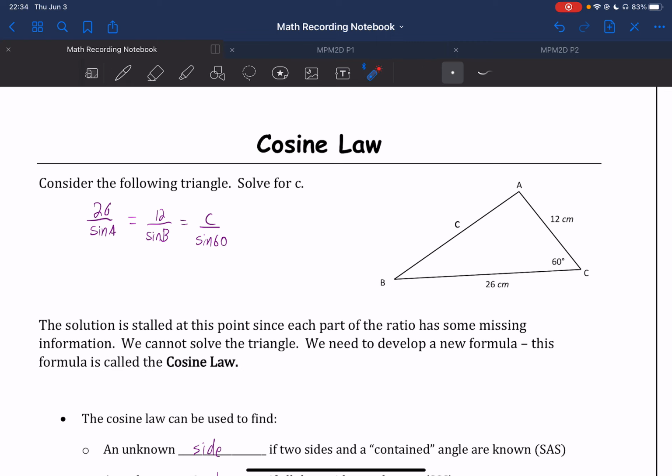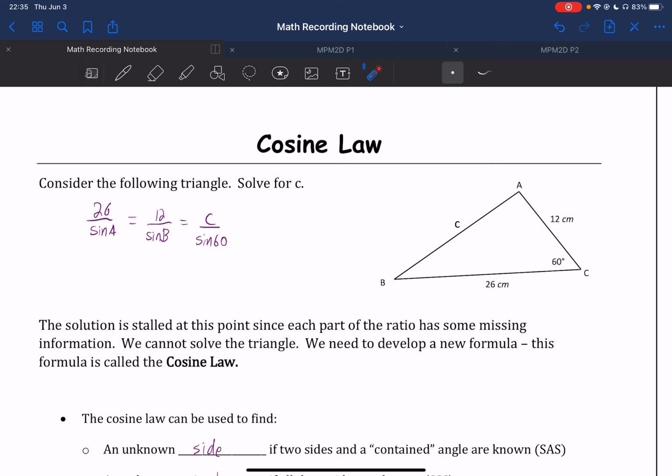If we look at every part of these breakdowns of sine, you notice that every single one is missing a variable. Since they're all missing a variable and we don't have one that's fully complete, we can't solve it. At this point, our equation has stalled. We're missing parts, so we cannot solve this triangle using sine law.